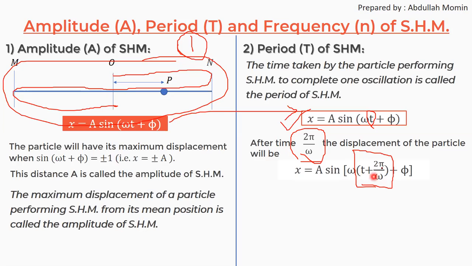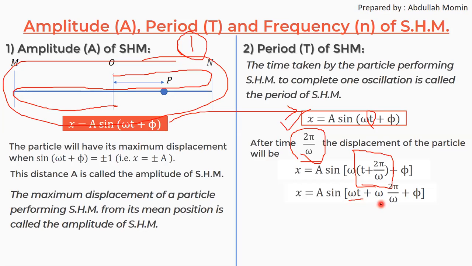So we will add 2 pi by omega to t. Now the equation can be written as x is equal to A sine omega (t plus 2 pi by omega) plus phi.